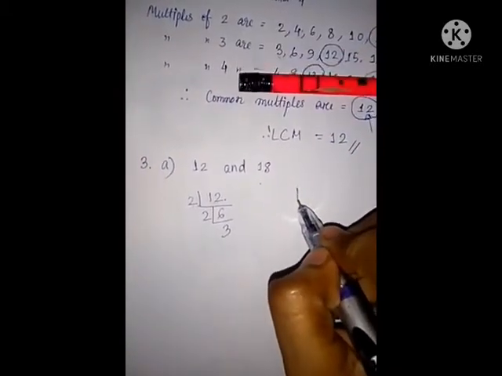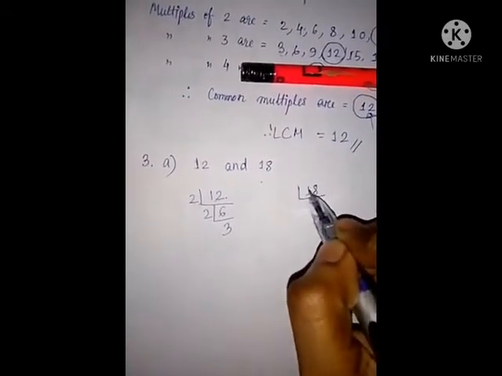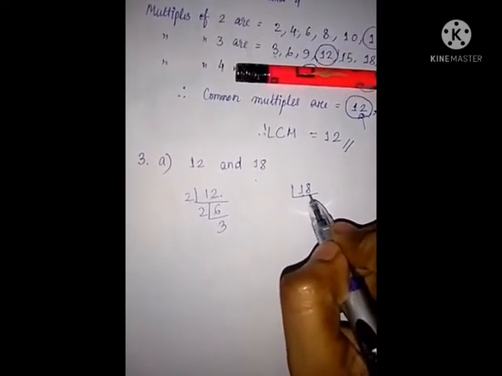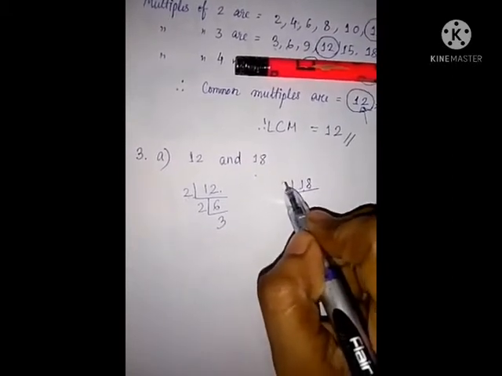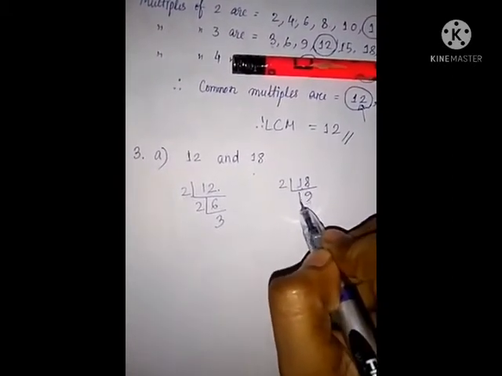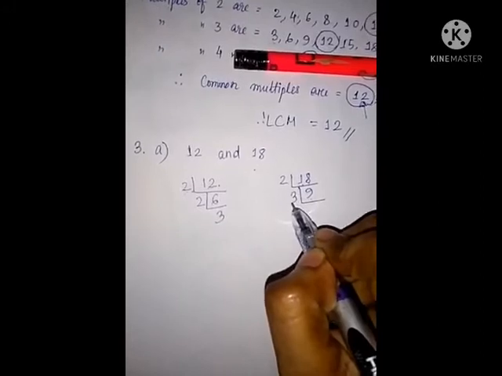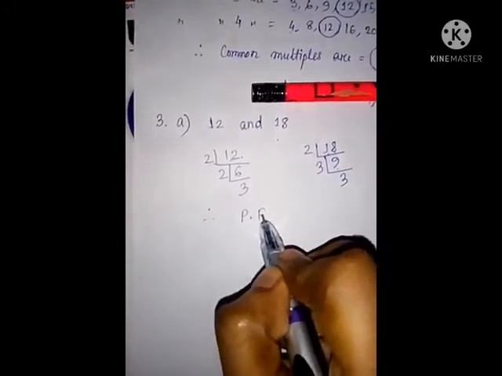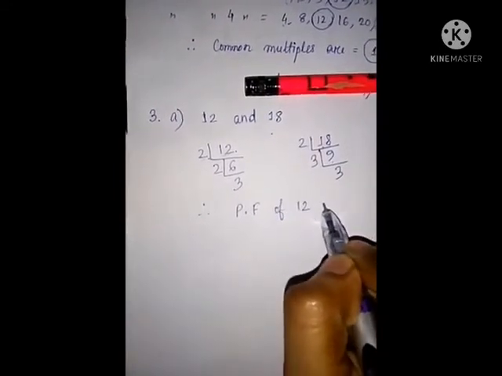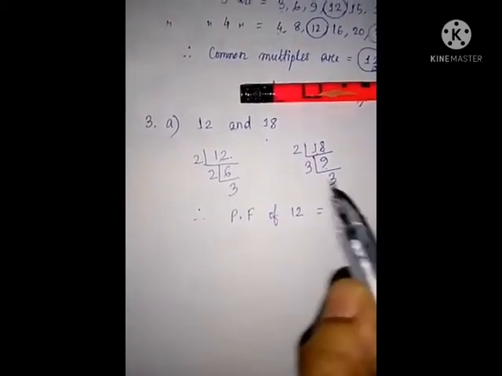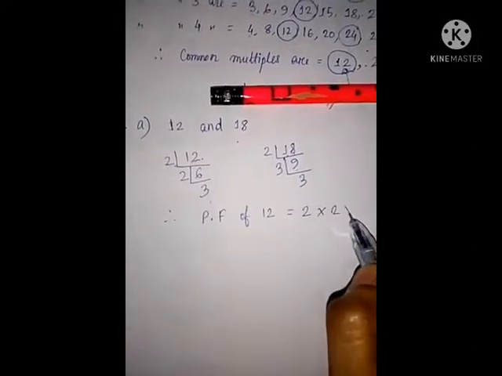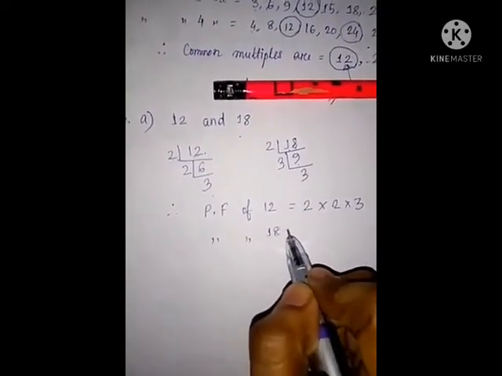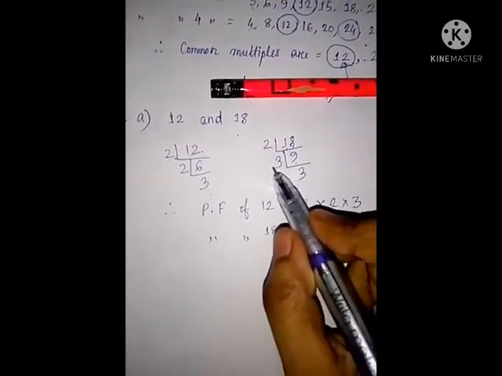Again, division of 18. See whether this is divisible by 2 or not. Yes, this is divisible by 2. 9. 9 is divisible by another prime number which is 3. Therefore, prime factorization of 12 is equal to 2 into 2 into 3. Prime factorization of 18 is equal to 2 into 3 into 3.